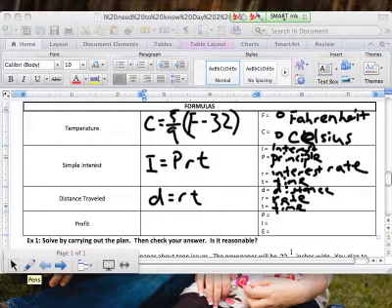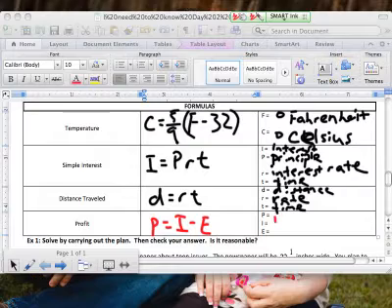Hopefully, you're not having to read that. You can just kind of go off of what I'm saying. And then finally, profit is P equals I minus E, where P is the profit, I is the income, and E is the expenses.